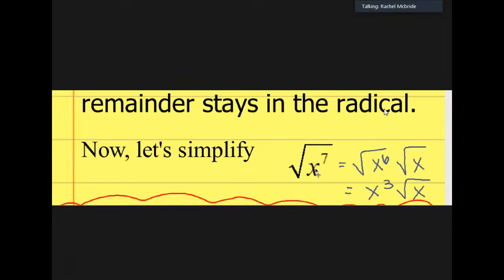So x to the 7th is the same as x to the 6th with an odd over here. So you take the even, divide it by 2, and the odd stays. So when you have an odd number, you always look for the even, one less than that number, divide that even by 2, and keep one under the radical.